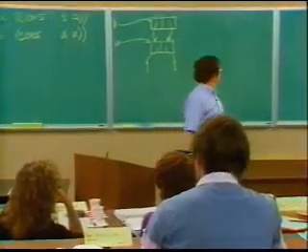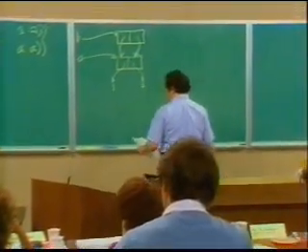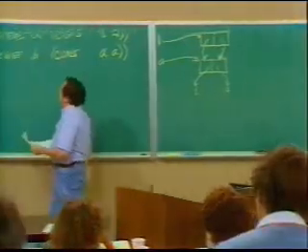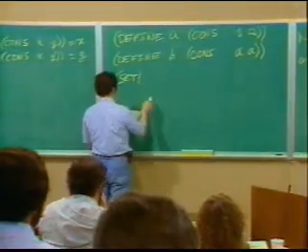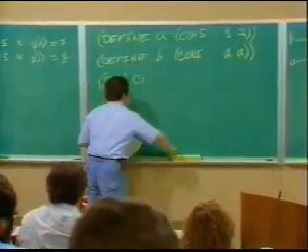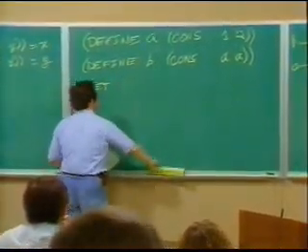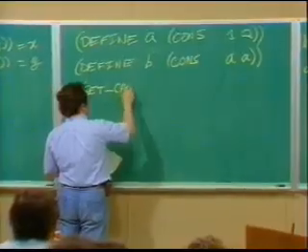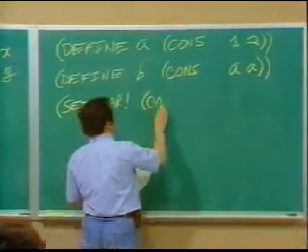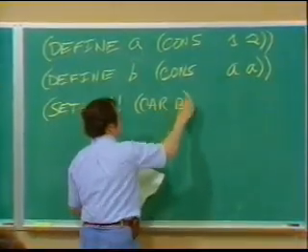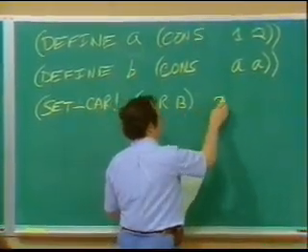Now, supposing I do something like set the car of the car of B to 3.